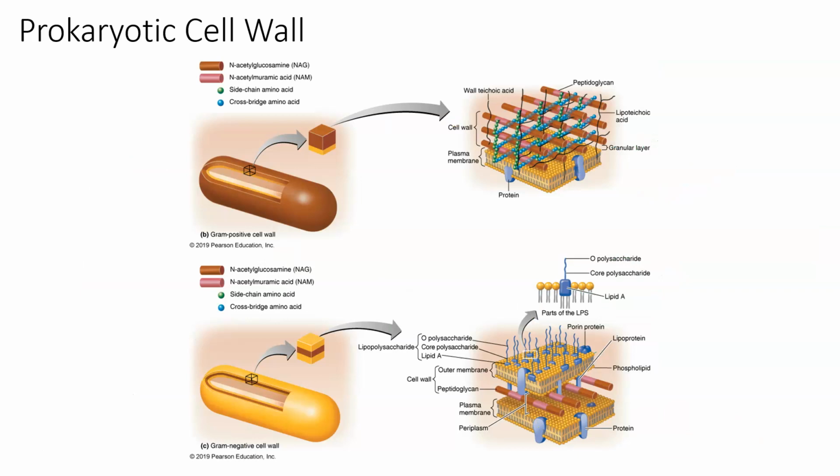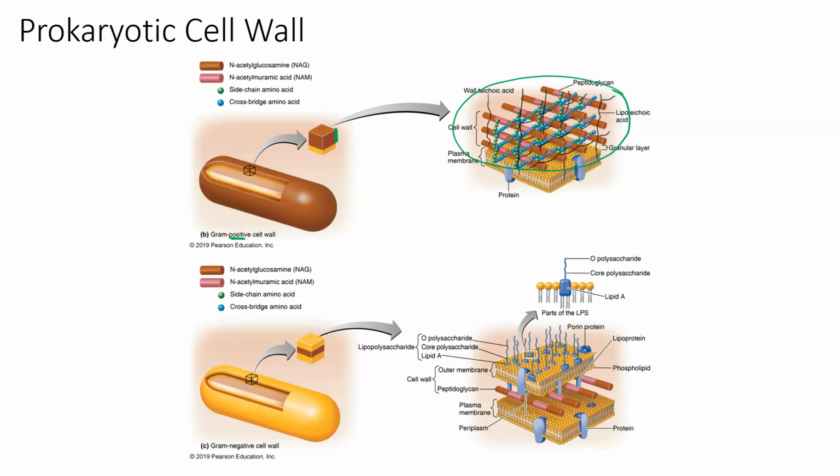So the cell wall in both cases has relatively the same structure, but you will see, hopefully right off the bat, that there is a substantial difference between the thickness of a prokaryotic gram-positive cell wall and a gram-negative cell wall. Gram-positive cell walls are going to be incredibly thick, with a lot of those protein cross bridges and a lot of those repeated polysaccharide rows.